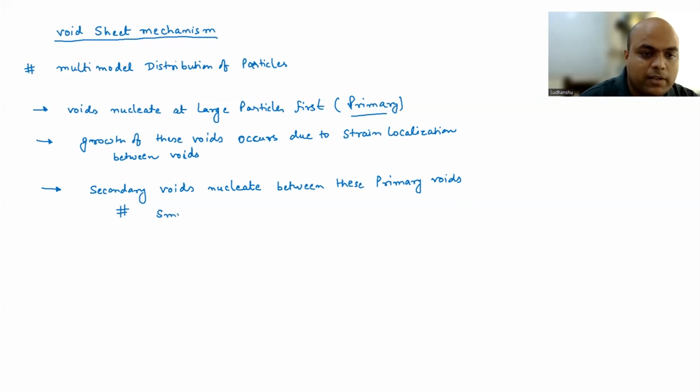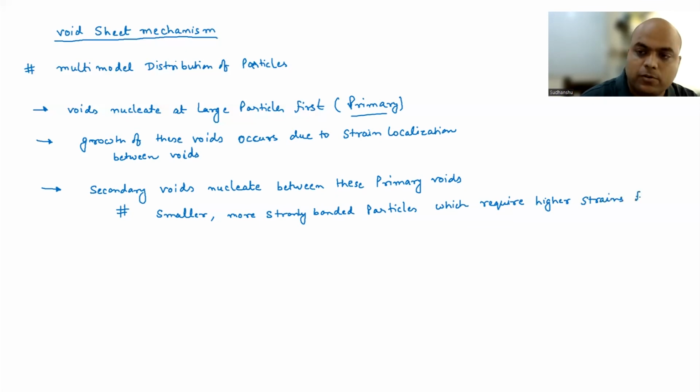So what is happening? Smaller, more strongly bonded particles which require higher strains for void nucleation, now they can nucleate voids.